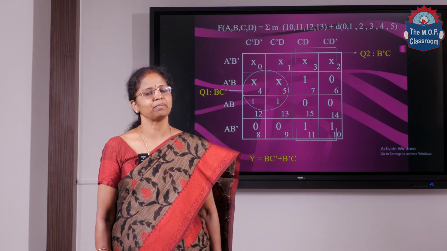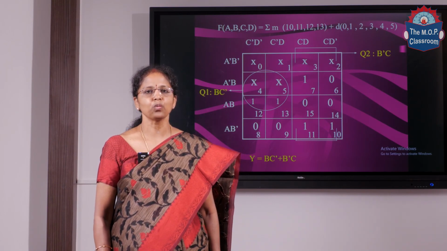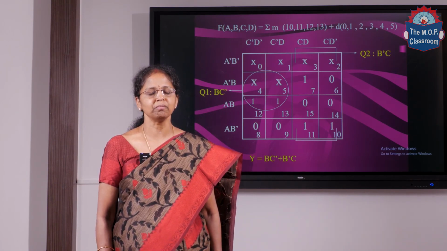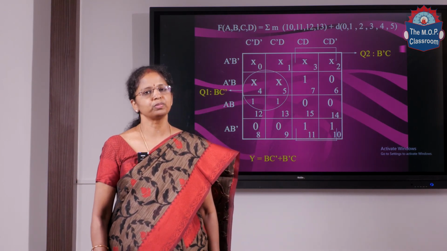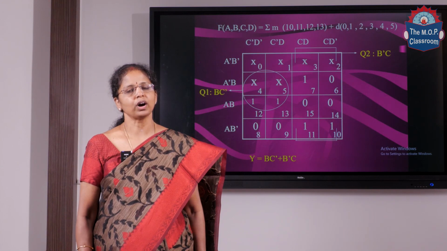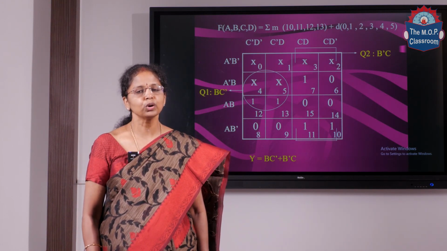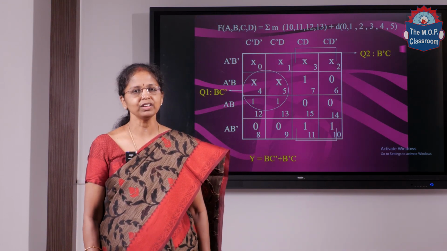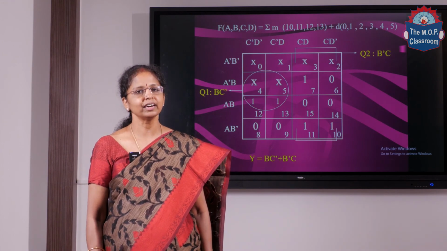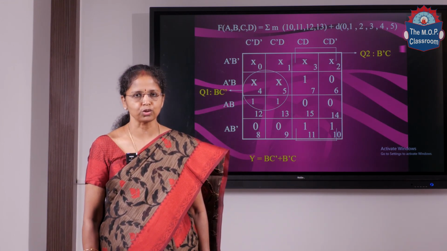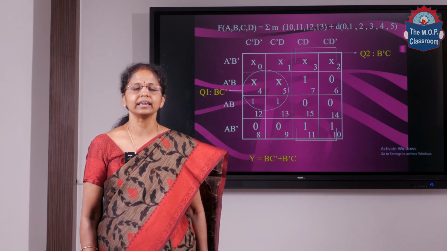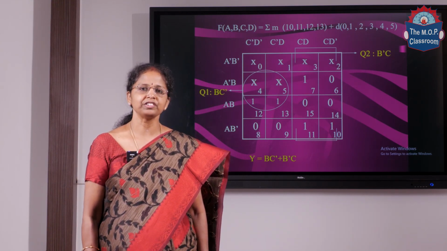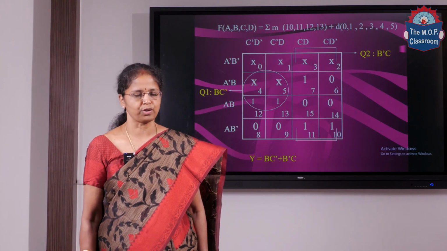After choosing the K-map, fill up the K-map with ones and zeros in the corresponding minterm positions. Then try to form groups of pair, quad or octet with the ones. After forming the groups, identify the expression for each of the groups and finally OR all the expressions. So, you will get the final Boolean expression which is in a reduced form.